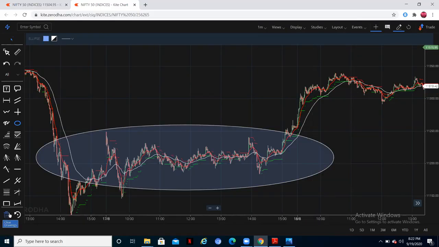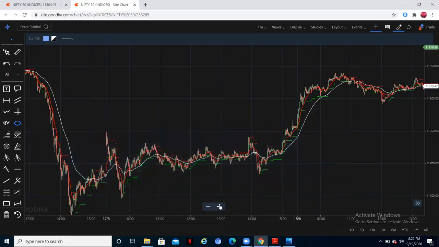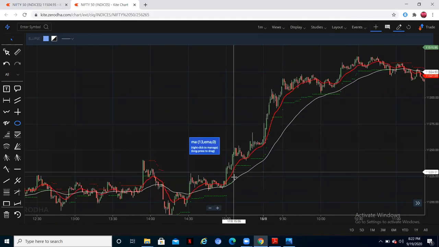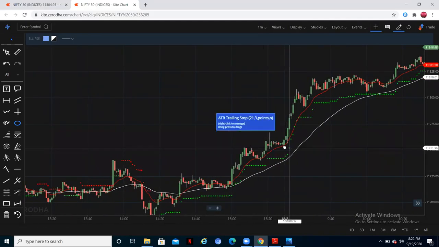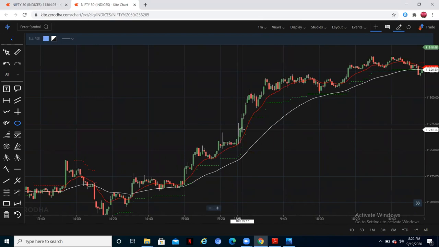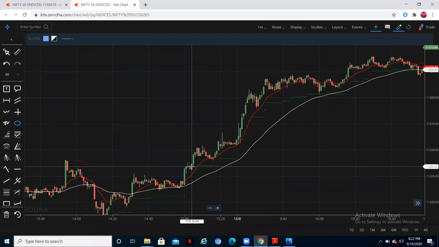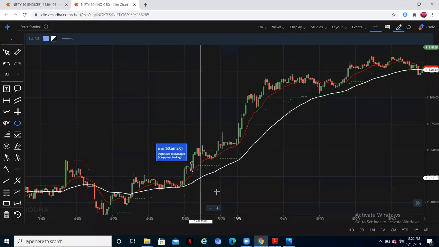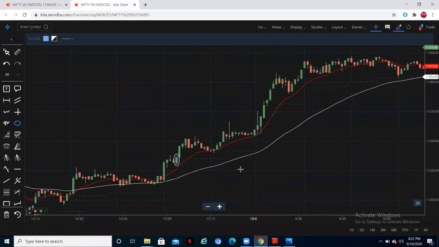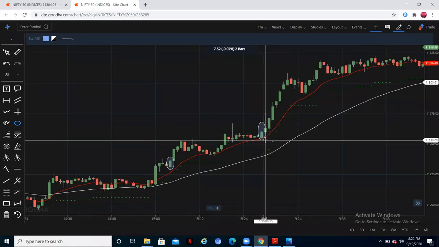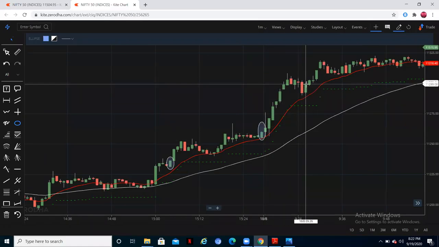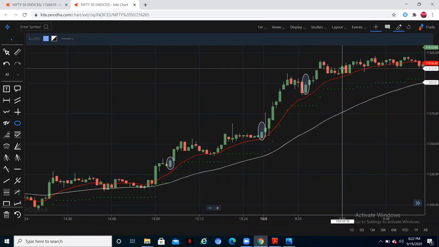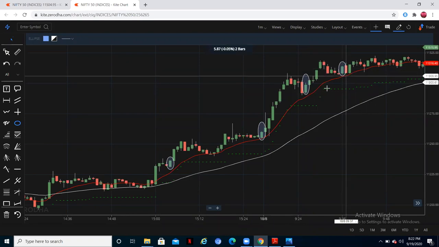Then comes the third basic, which is the most important basic. Whenever you are making the entries, or whenever you are finding out the entries, you are always supposed to enter on a candle which is safe. Safe candle means any candle which is small in size, which is not too big in size, not having a big shadow.